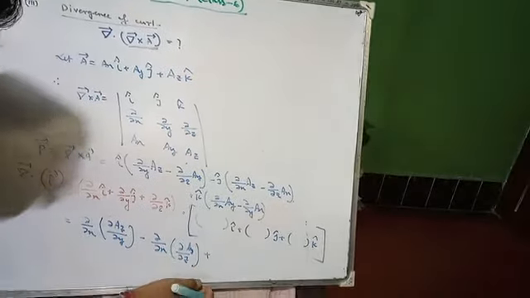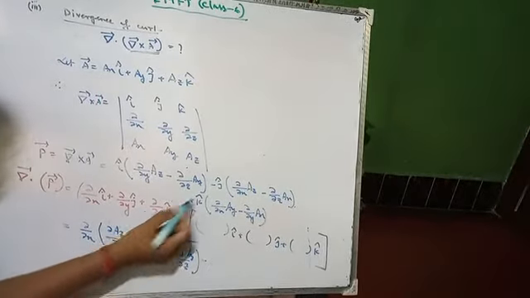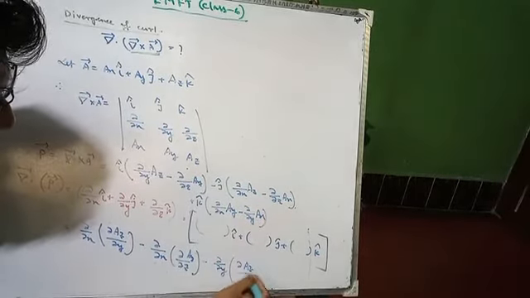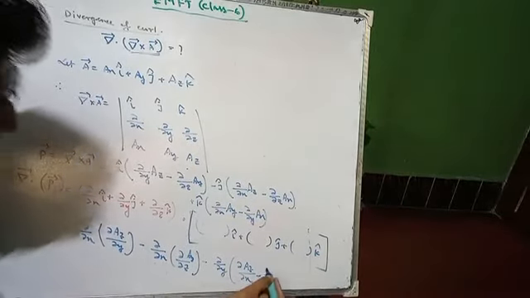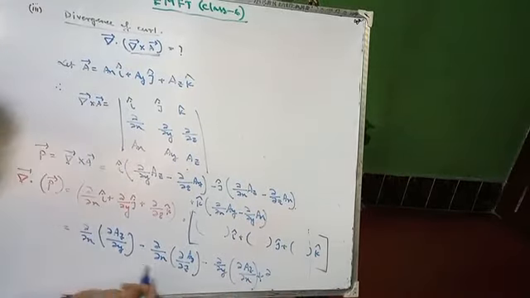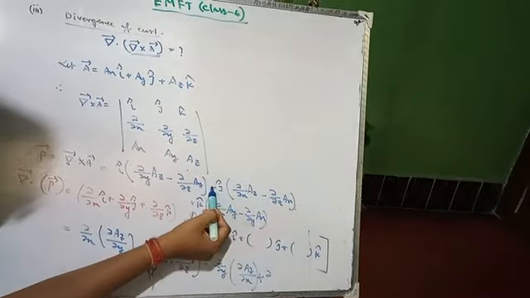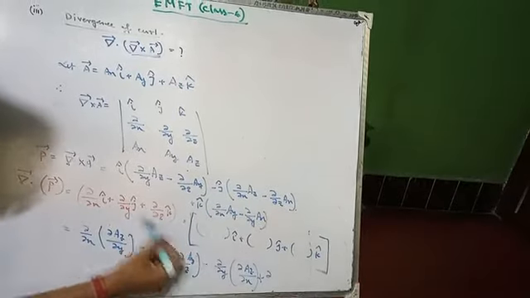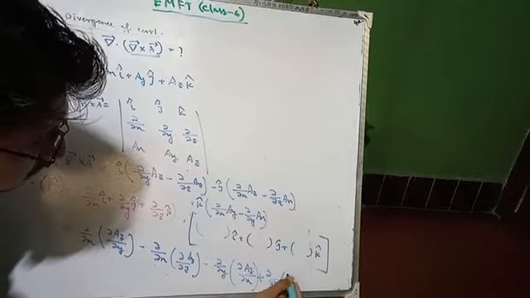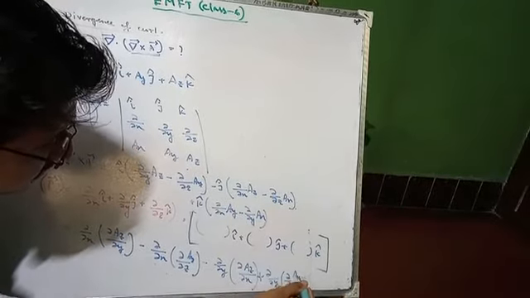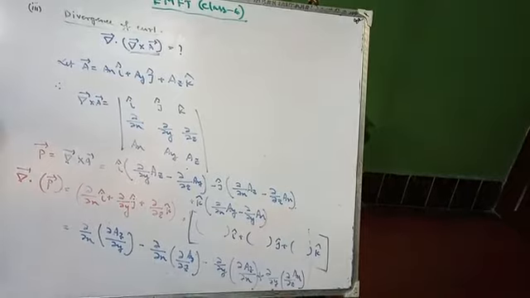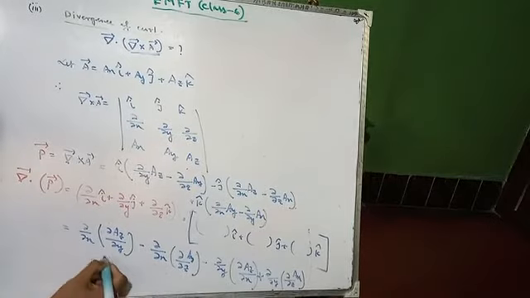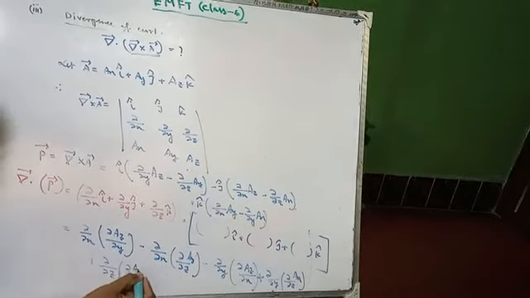Then plus, because of the minus over here, minus and minus will be plus: del/del y of del Az/del x, and del/del y of del Ax/del z. The last two terms are del/del z of this one: del/del z of del Ay/del x, minus del/del z of del Ax/del y.